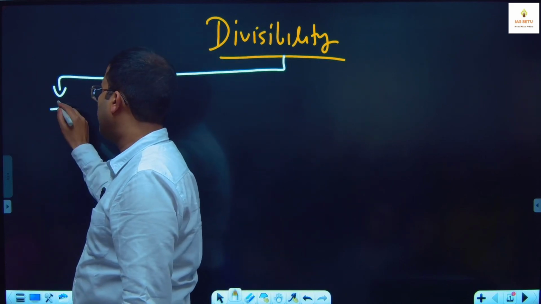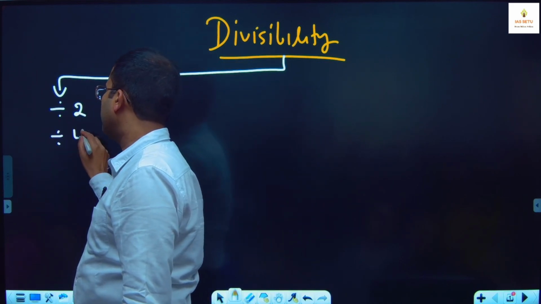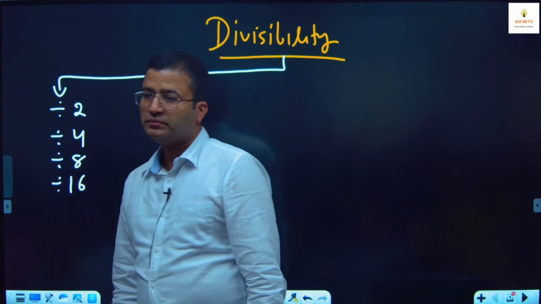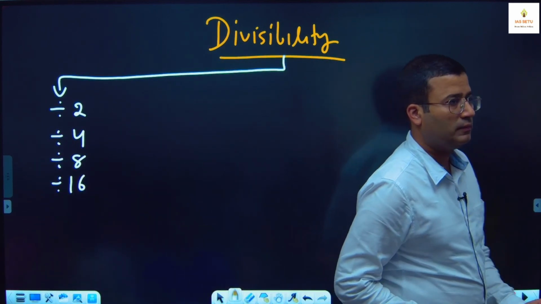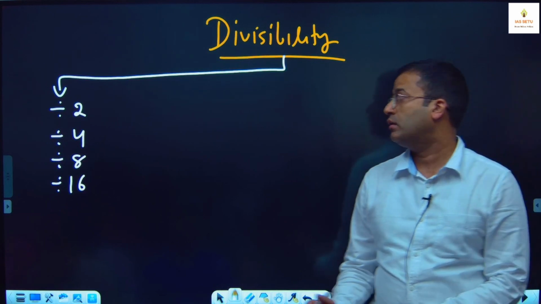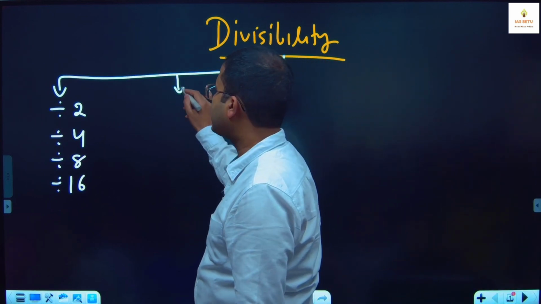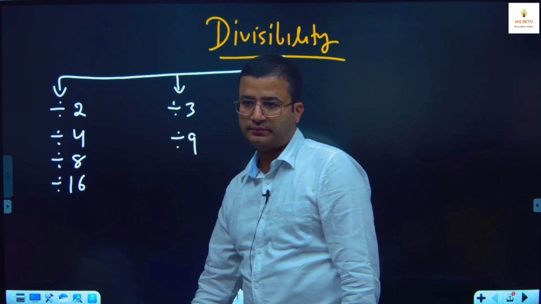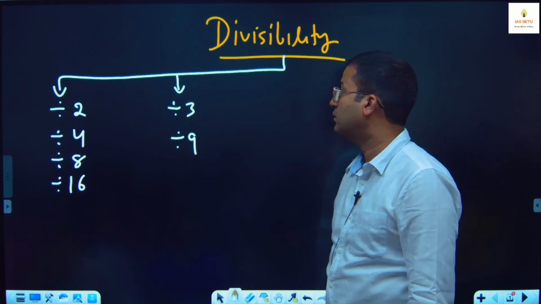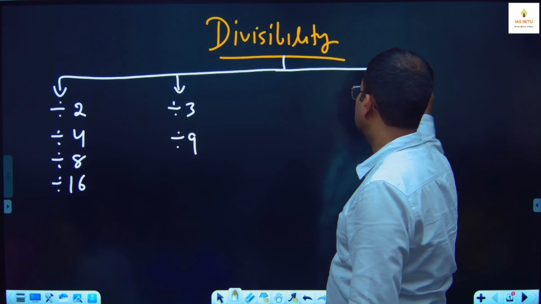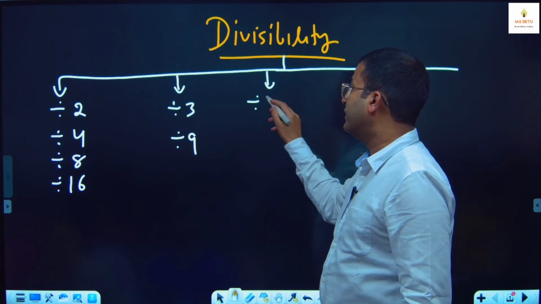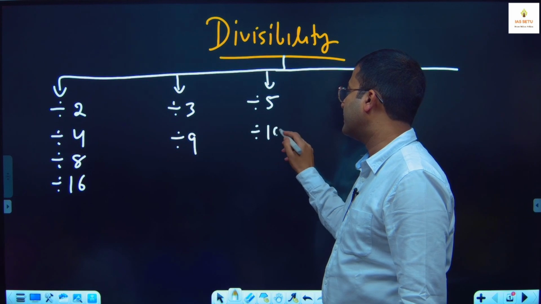Here, divisibility of 2, divisibility of 4, 8, 16. Next category is divisibility of 3, divisibility of 9. Next here is divisibility of 5 and 10.